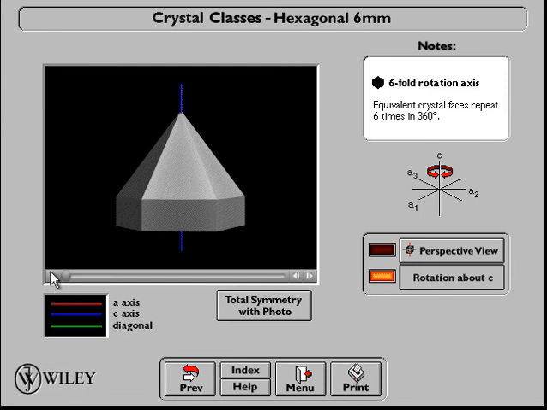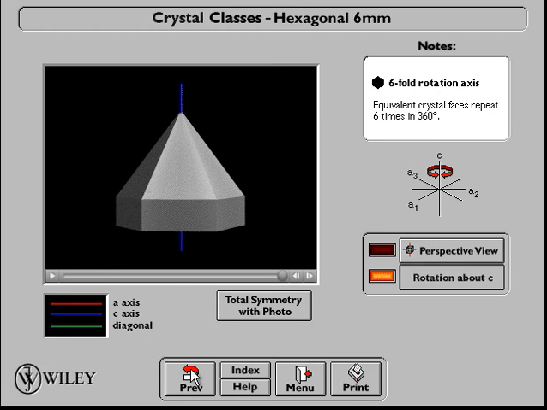Now we are clicking here on the movie, and we can repeat our crystal 6 times in 360 degrees. And we have 2 mirror planes. Here we have a mirror, here we have a mirror, and there.